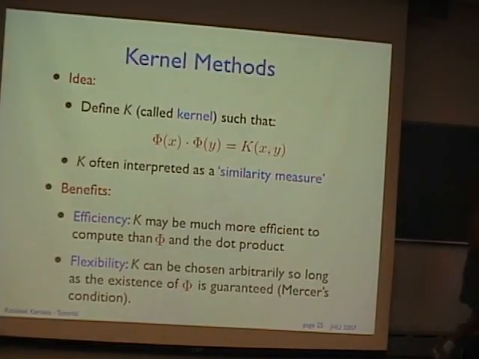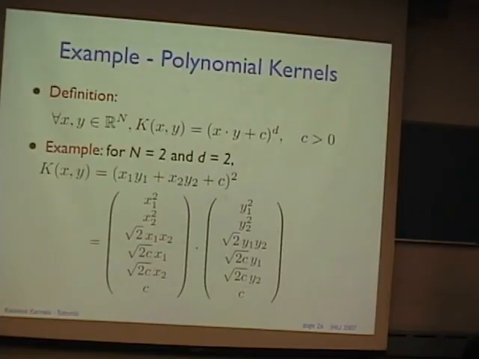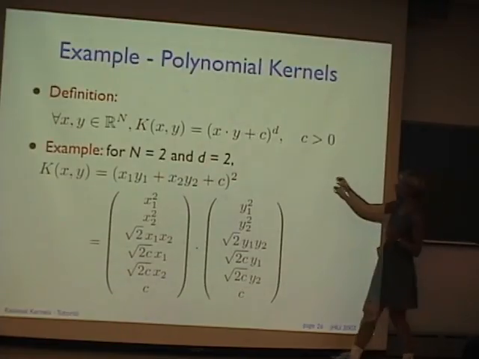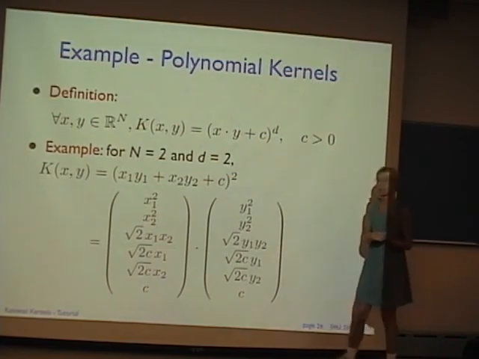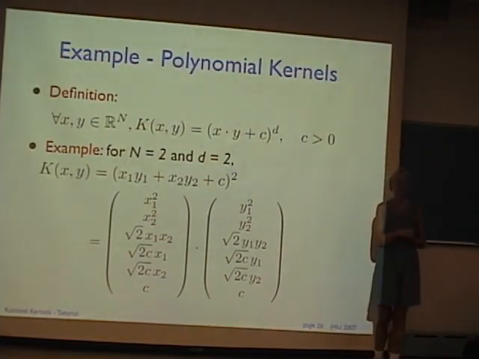Let me give you a little example of how much more efficient it can be to compute an inner product this way. Here we have a polynomial kernel. Let's take the example of a second degree polynomial. Those of you who have trained SVMs using any standard software have probably made use of either a polynomial kernel or a Gaussian kernel.